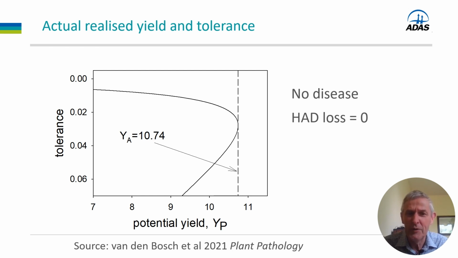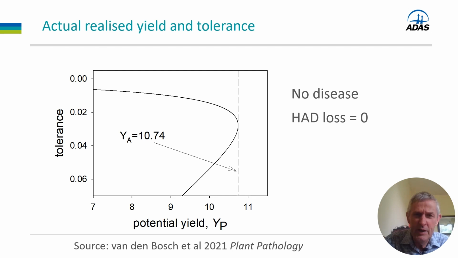Where that contour just touches the envelope is the optimum breeding target, in this case for the zero disease case. And obviously enough, if there was no disease at all, the thing to do is just to breed for potential yield and forget all about tolerance.